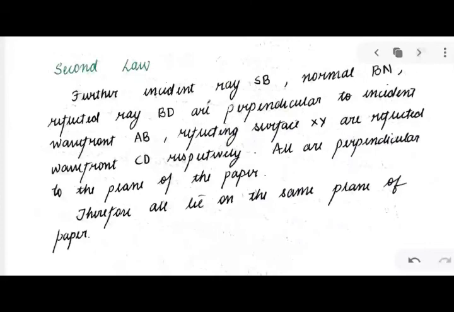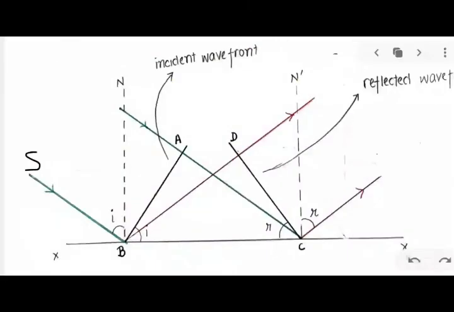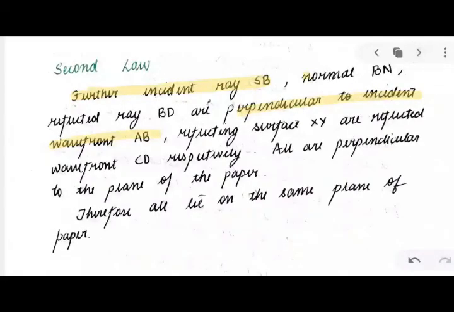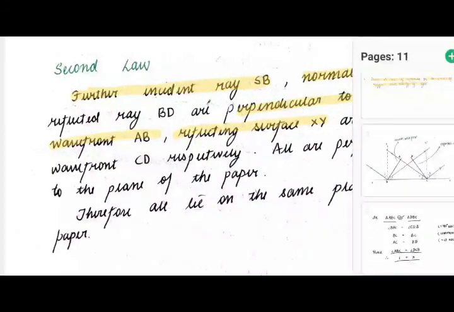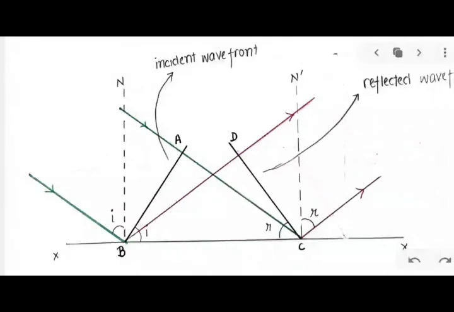Coming to our second law of reflection, further the incident ray SB is perpendicular to the incident wavefront AB. Normal BN is perpendicular to the reflecting surface xy.